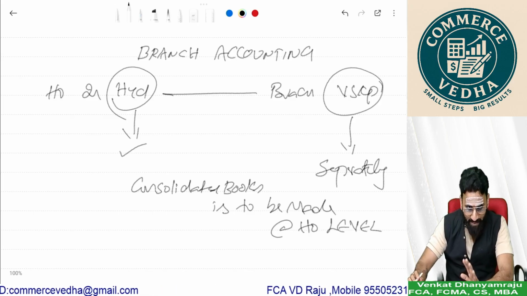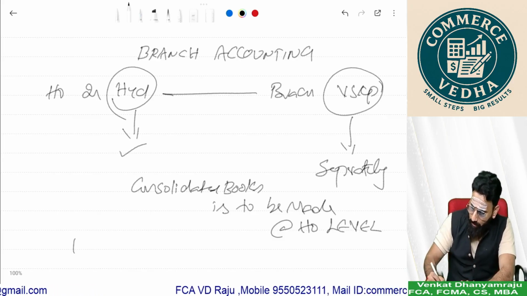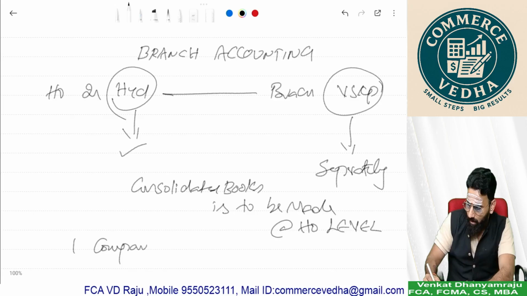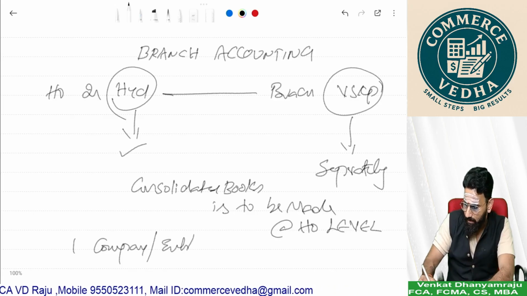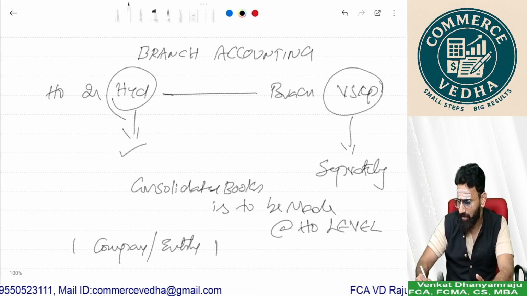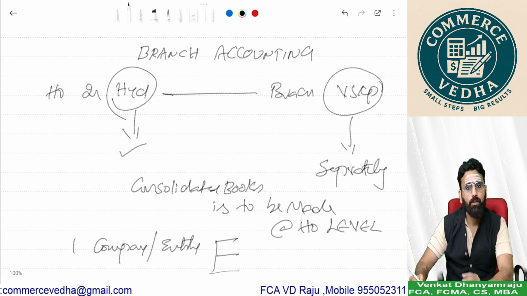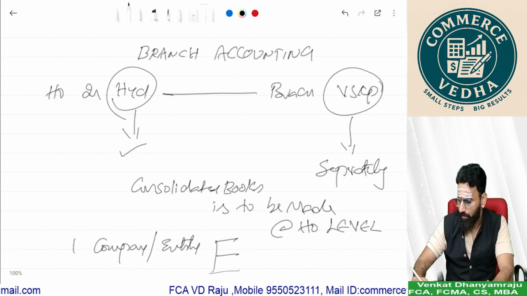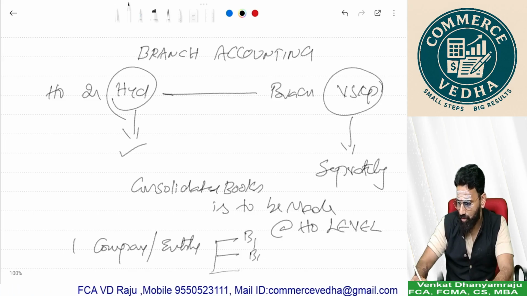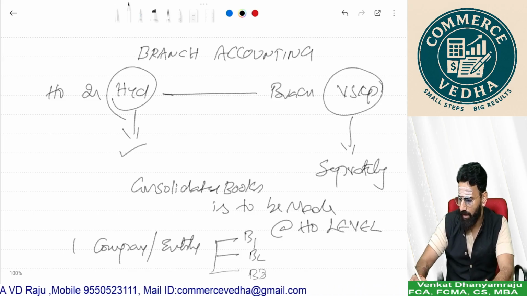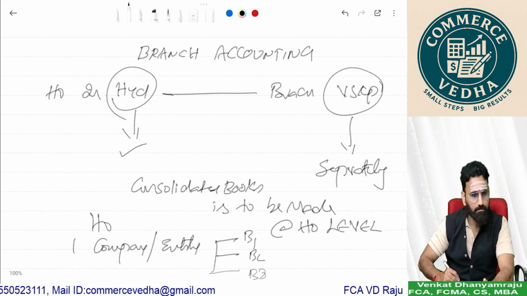So technically speaking, it is one company or one entity having branches across cities. So branch 1, branch 2, branch 3, whereas head office is only one.